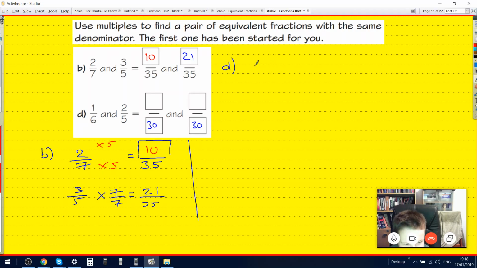And then 6 goes into 30 five times. So we do 1 times 5, which equals 5. And then for the second one, they times 5, 6 times 5 to get to 30. And then we need to do 2 times 6, which is 12.